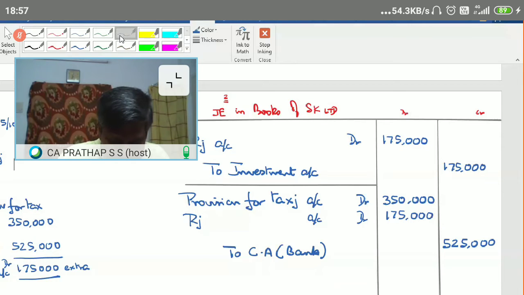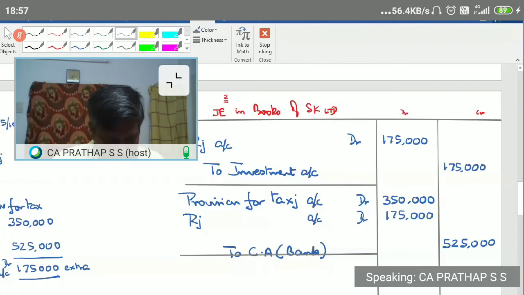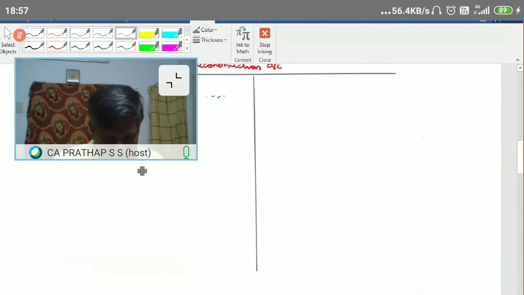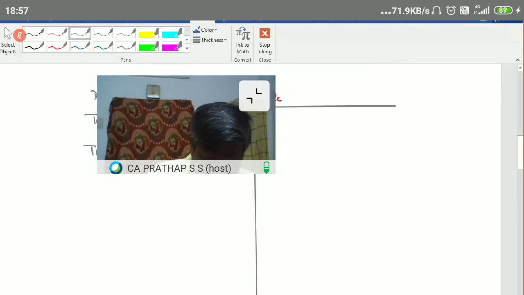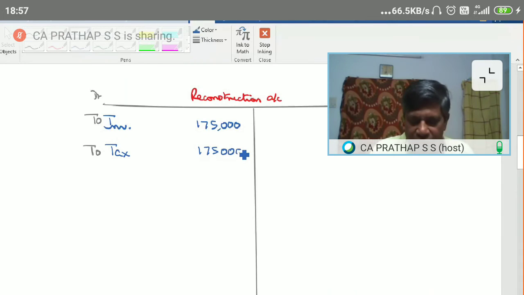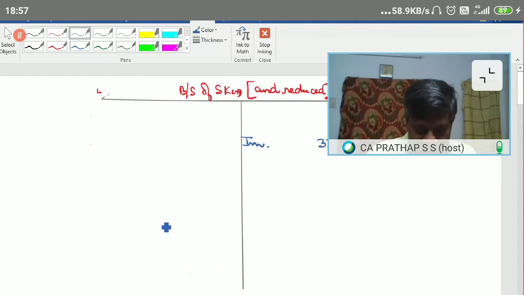Now let us quickly post all this. Uh-oh, it is not synchronized, where the dot falls of this virtual pen on the canvas. Okay, let us quickly post it. There's a loss of 1,75,000, so it will be debited to the reconstruction account, tax 1,75,000. Now what happened to current assets, sir? Let us put it separately because there's some other change also.